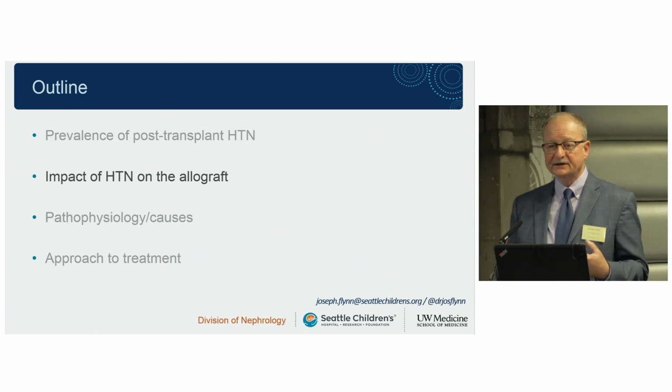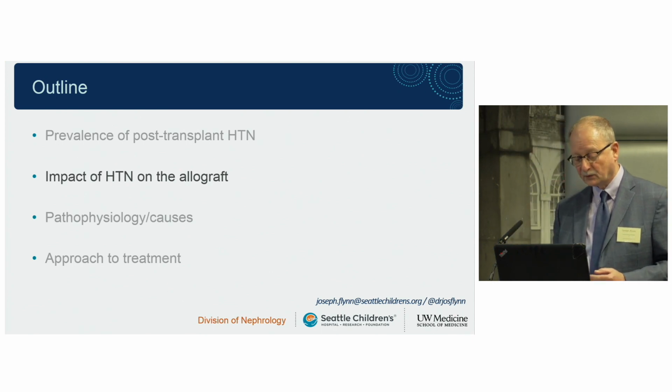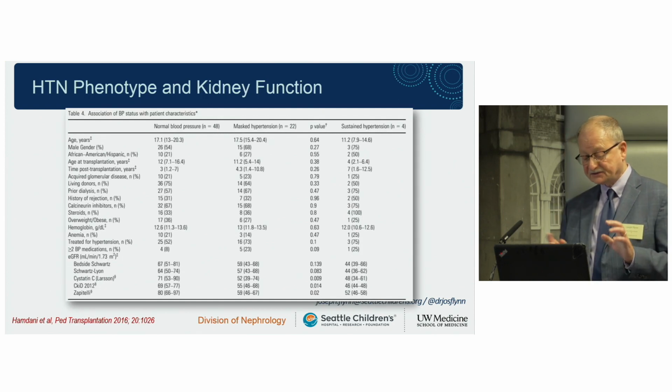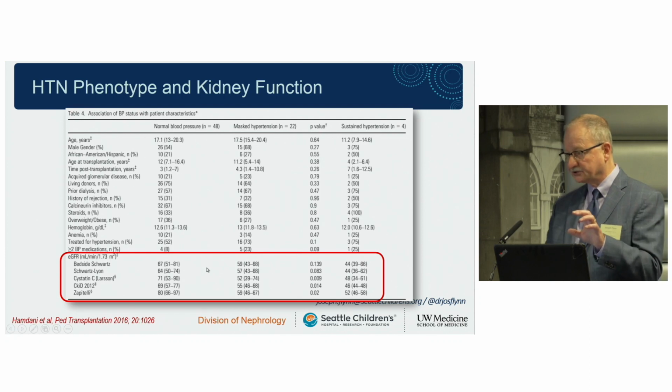What is it doing to the kidney transplant itself? Well, it's doing a lot of bad things. So here is, again, that study I showed you earlier where we looked at blood pressure phenotype and kidney function, and we showed you that those who have masked or sustained hypertension have reduced GFR compared to those with normal blood pressure on ambulatory blood pressure monitoring.